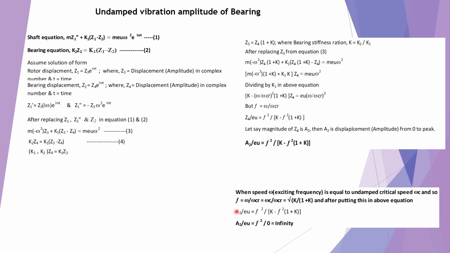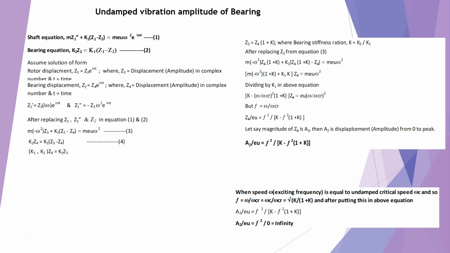So when the exciting frequency omega is equal to the critical speed omega CR, f is equal to omega upon omega CR. So you can write omega c upon omega CR as square root of k upon 1 plus k, and putting in the above equation we get A2 upon e u is equal to infinity.